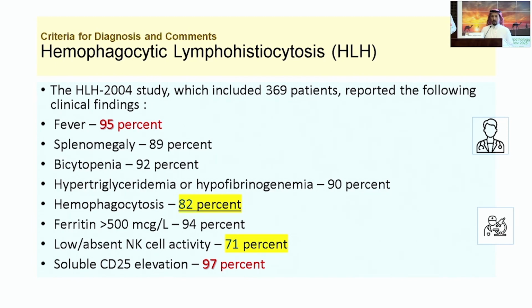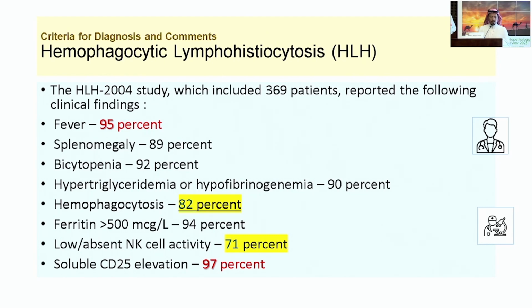Hemophagocytosis is only 82%, and then ferritin is high, low natural killer activity, soluble CD25 elevation. You can see the hemophagocytosis is only 82%, so negative hemophagocytosis in the bone marrow does not mean this patient is not HLH.